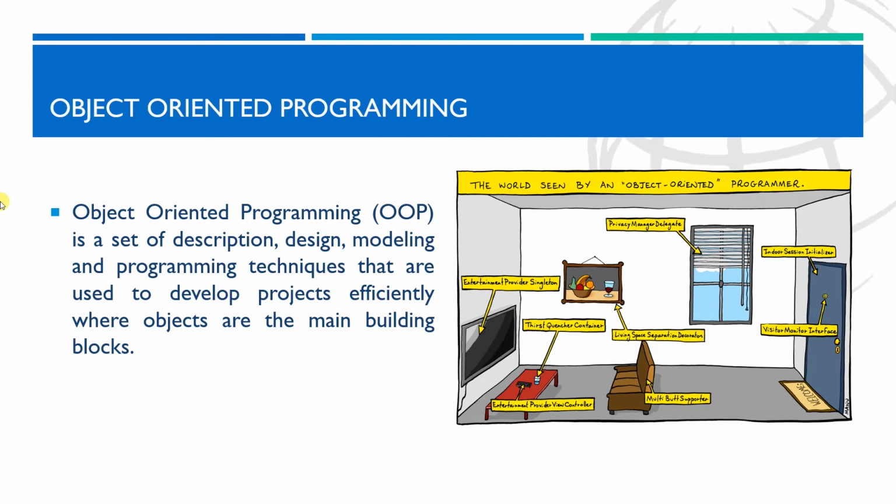Everyday life is full of objects, some tangible and some not. For example, a table, a book, a tree, a car, etc. are examples of objects.